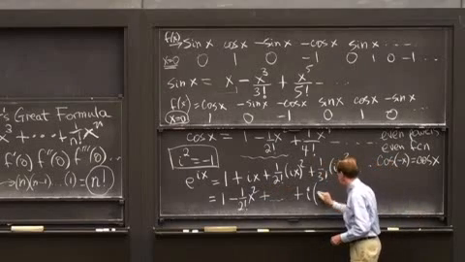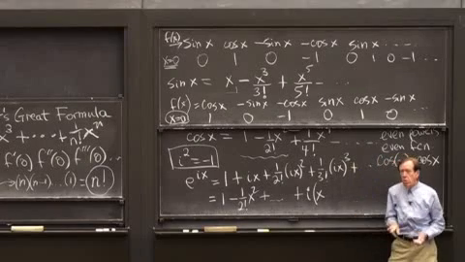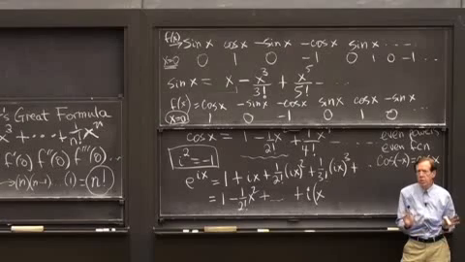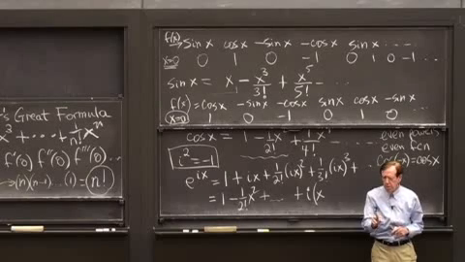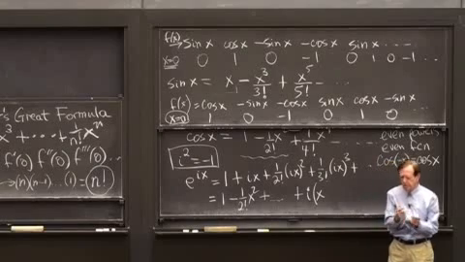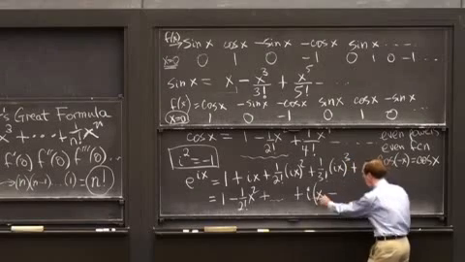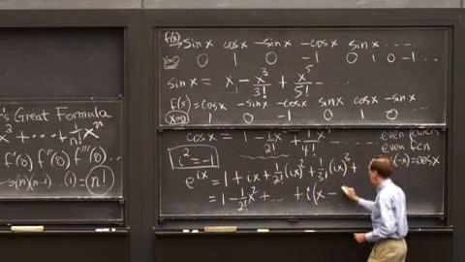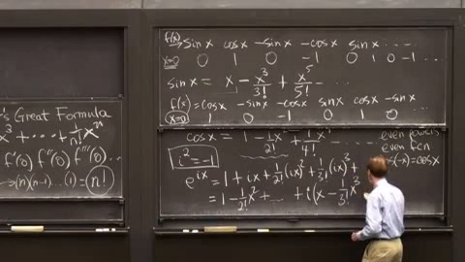So that i is multiplied by x. Now I have i cubed. How do I deal with i cubed? i cubed is i squared, minus 1, times i. i squared times i is minus i. So I have a minus i, 1 over 3 factorial, and the x cubed, and so on.